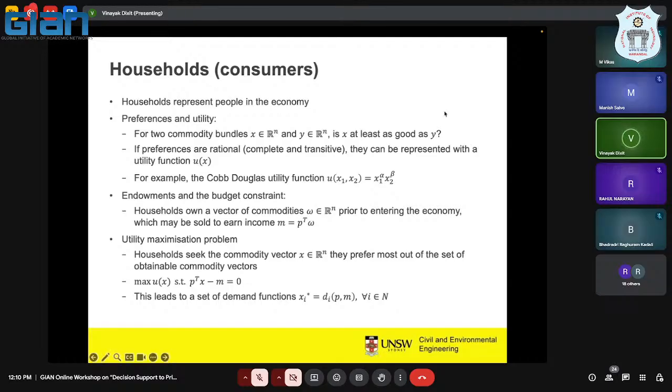These parameters, alpha and beta, give you a sense of what their preferences are. At the end of the day, people are trying to maximize their utility. So if alpha is greater than beta, a little bit of change in x1 would have a bigger implication on the utility than x2.